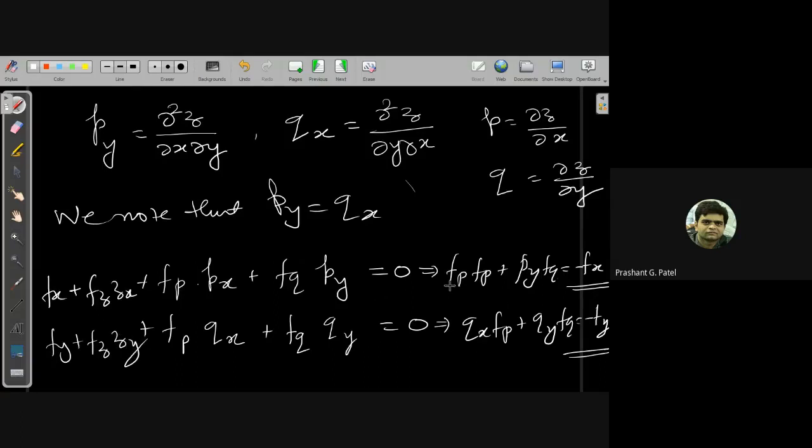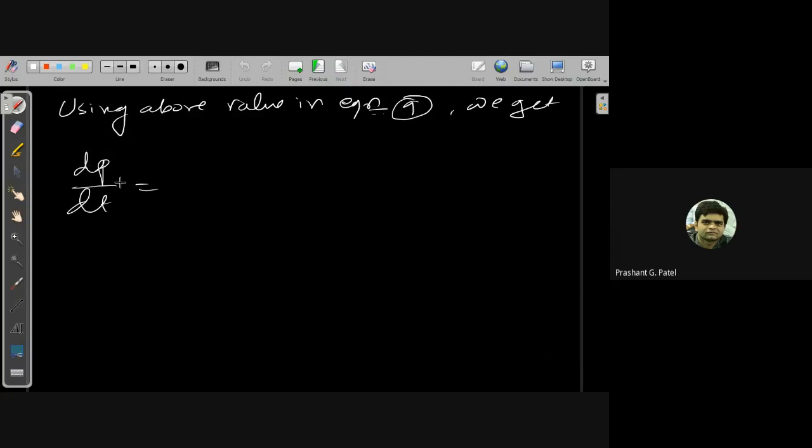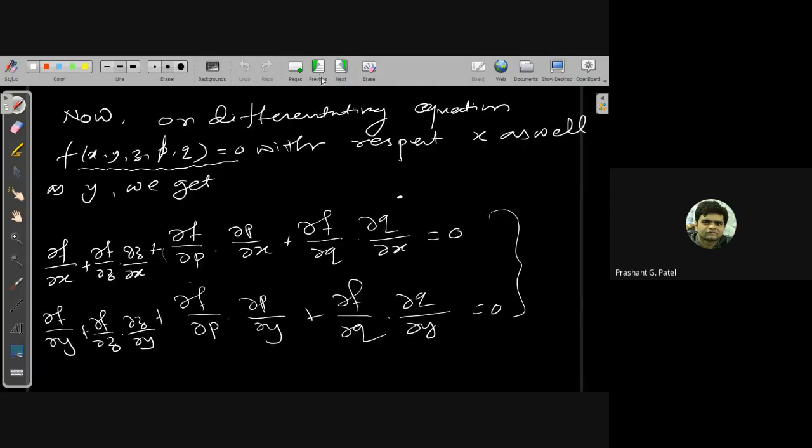So here we'll get px fp plus py fq is equal to minus fx minus fz zx. Here we'll get minus fy minus fz zy. So that's why here we'll get dp by dt using the equation number 9.